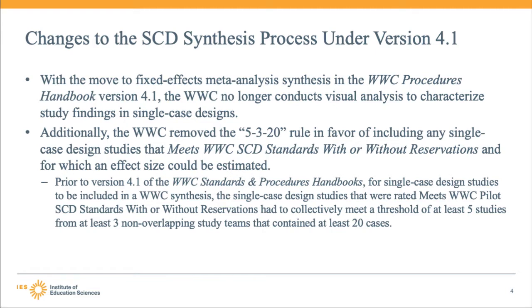Thus, prior to version 4.1 of the handbooks, single-case design studies rarely contributed information to WWC intervention reports that synthesized evidence on a given intervention's effectiveness.